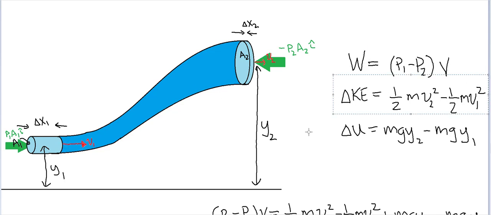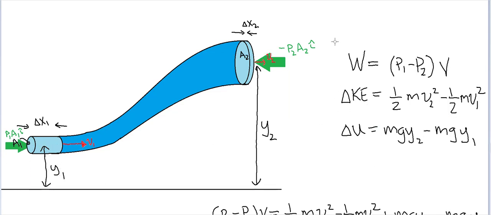If I look at this, the change in kinetic energy is just going to go as half m v2 squared minus half m v1 squared. And the change in potential energy is just going to go as m g y2 minus m g y1, right?